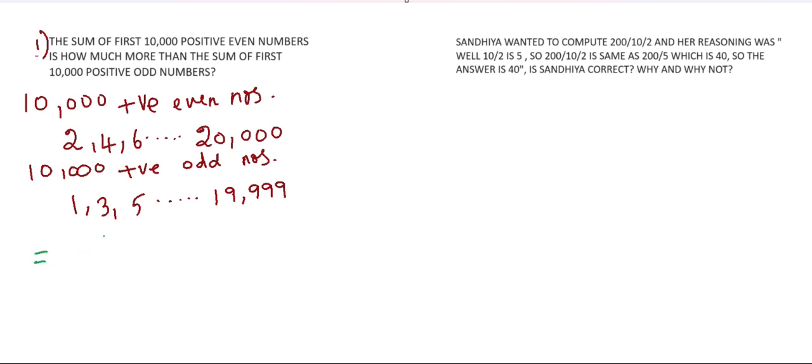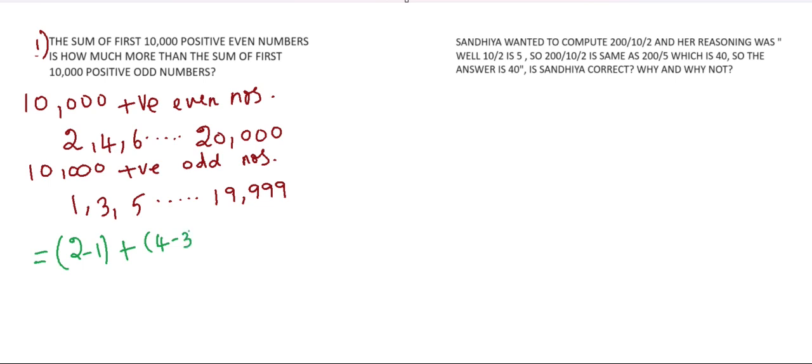Whenever you find such kind of questions to group, you have to try for each and every pair. When the pair value is the same, then you can simply multiply it and get the answer. So let's see how to pair. Now let's start with 2 minus 1.